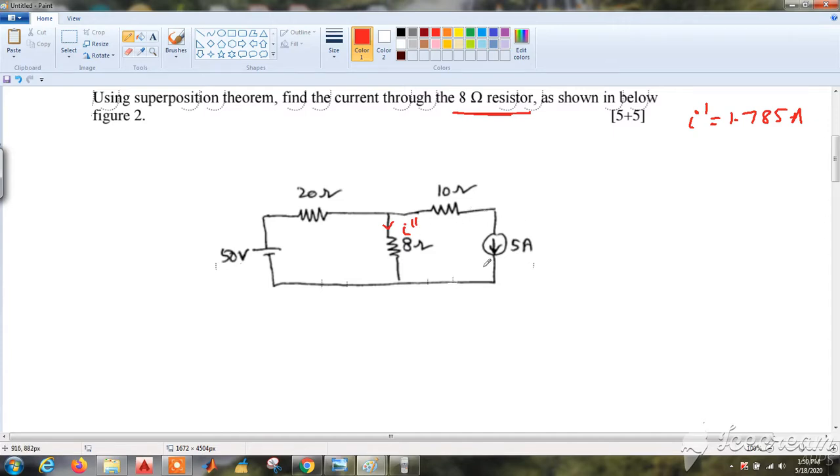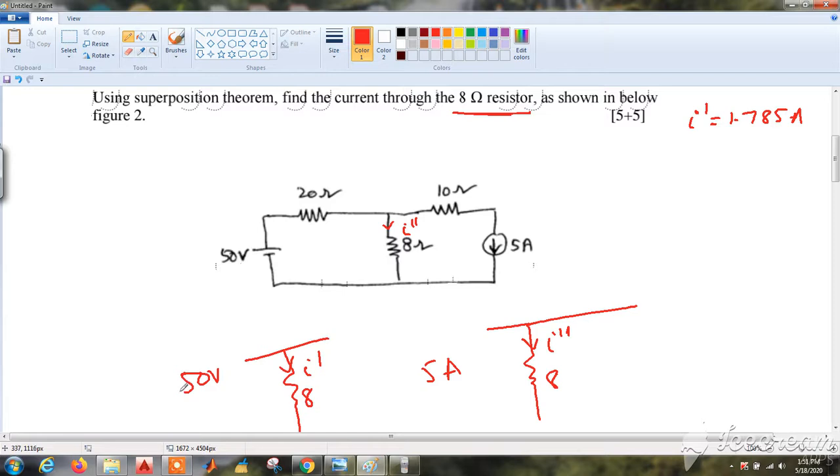For the 50 volts you have taken the downward direction and calculated I dash. In the same way you have to calculate I double dash by considering the 5 ampere current source, only in the downward direction. If you take I dash as downward and I double dash as upward, you will get the wrong answer. So please remember to always take the same direction of currents, whether you are considering the voltage source or current source.